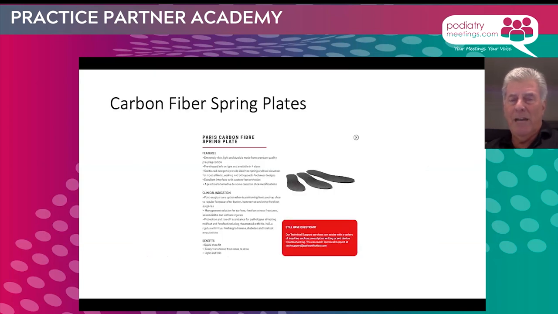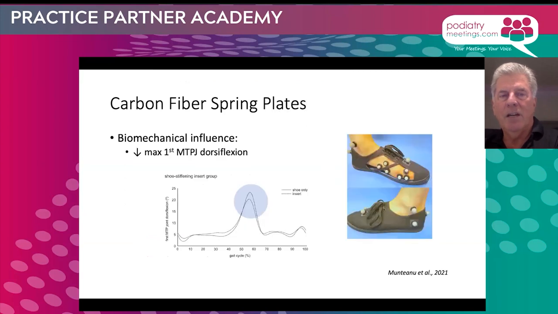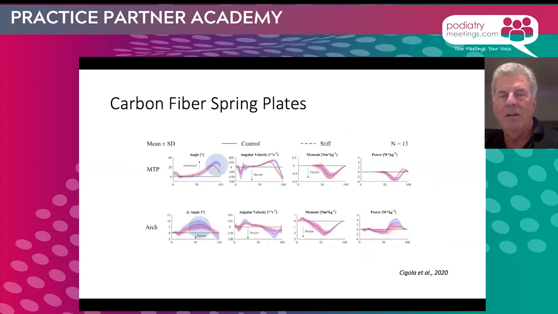Another way we can reduce hallux dorsiflexion is with carbon fiber spring plates. Interesting study in Australia at La Trobe University, this time looking at first metatarsophalangeal joint osteoarthritis. Significant reduction of hallux dorsiflexion with the insertion of a carbon foot plate. Another study at the University of Calgary, placing a carbon foot plate in a Nike Free, showed significant reduction of first MTP dorsiflexion.